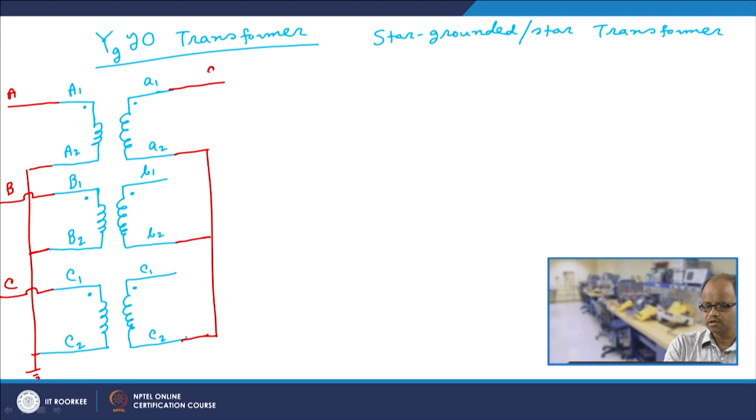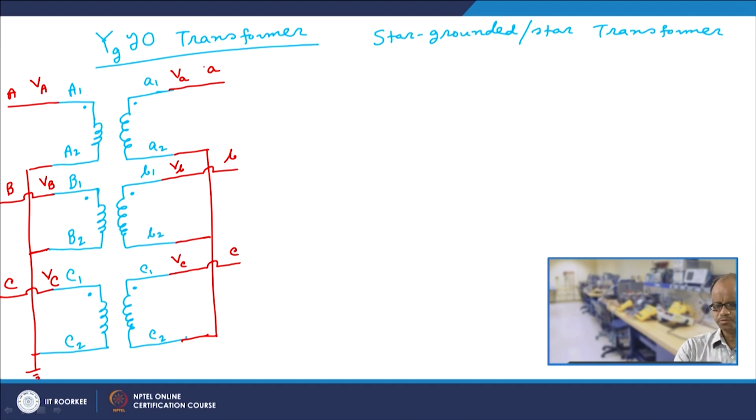So, this is phase A, this is phase B, this is phase small c. The voltages, let us say, are VA, VB and VC on the primary, and Vc, Vb, Va on the secondary.